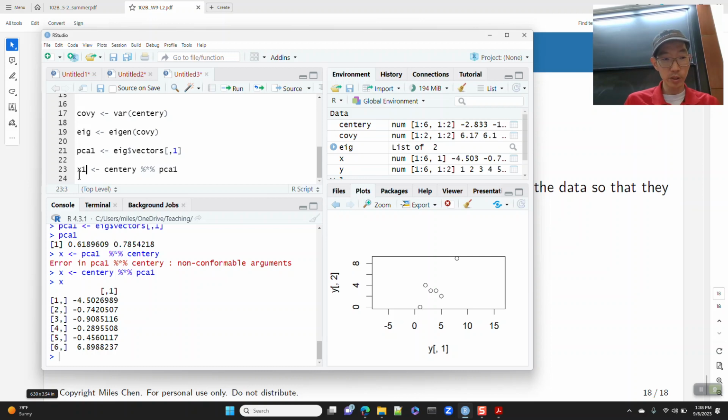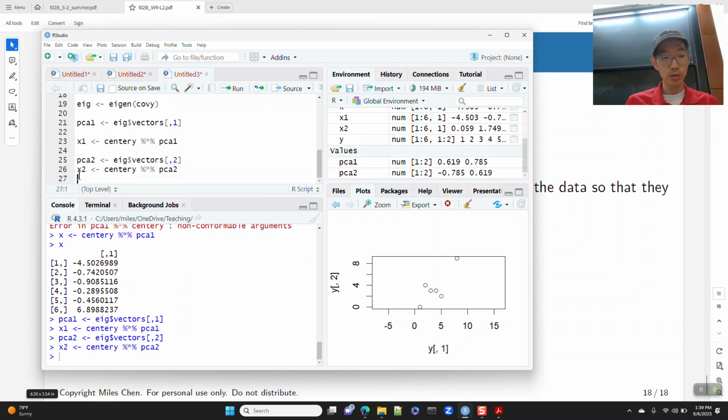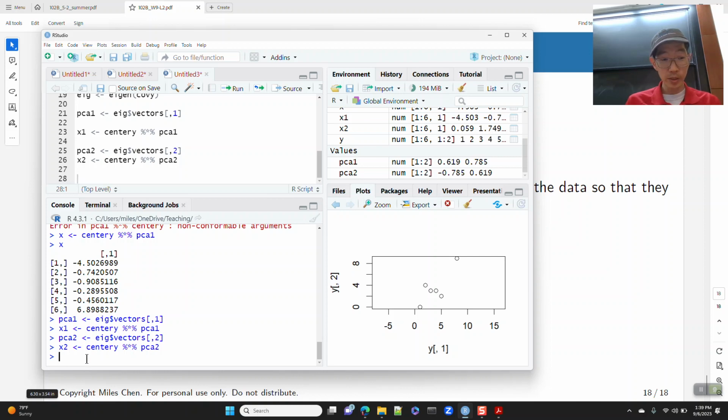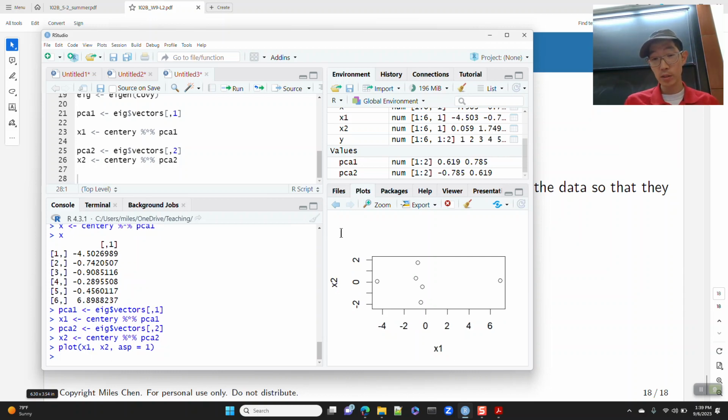Actually, let's call this x1, and let's do x2. So the second principal component will be take the centered y and multiply it by PCA1, PCA2. And here, let me plot x1, x2, and this will be a rotation of our data that maximizes the variance here.